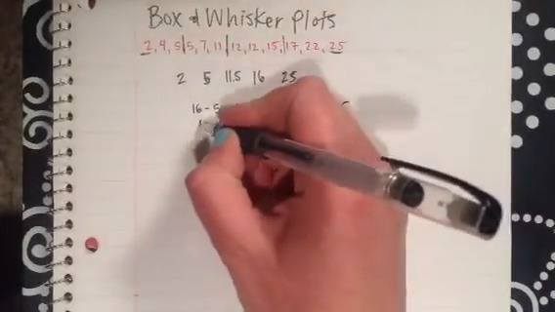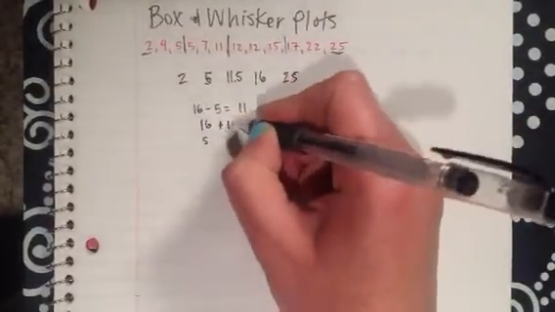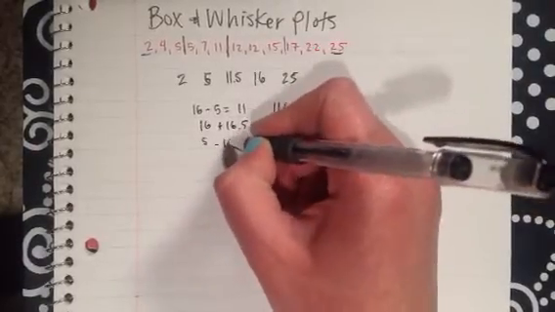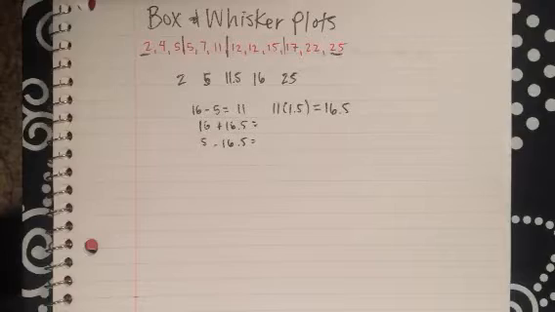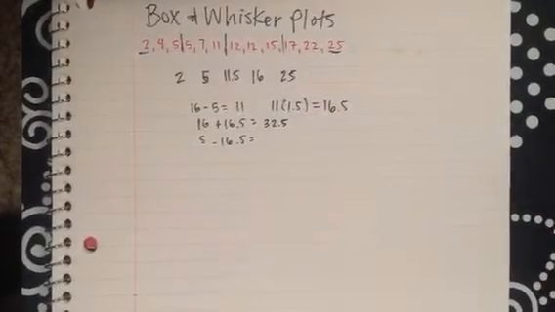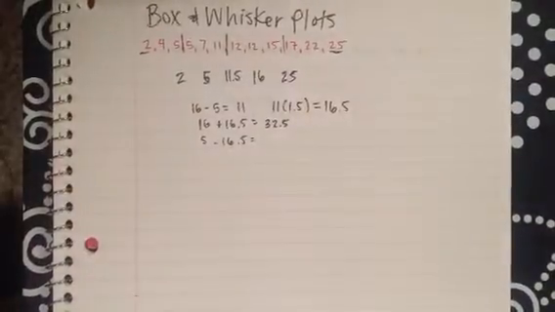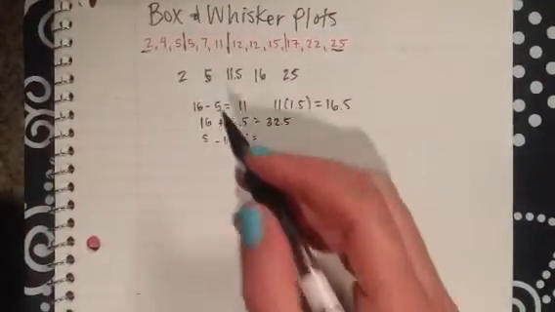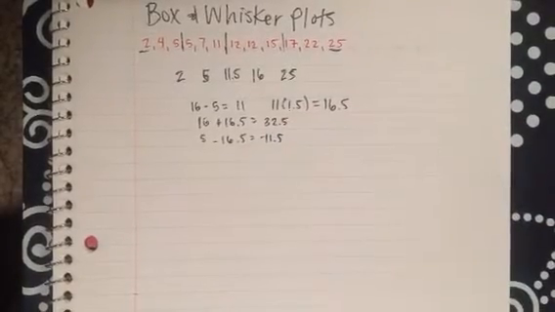So I'm going to go ahead and take my first and my third quartile, and I'll add 16.5 to my third quartile and subtract 16.5 from my first quartile. Now 16 plus 16.5 comes out to be 32.5. And 5 minus 16.5 comes out to be a negative number, so since none of our data is negative, we know we're safe on the left end, but we'll still find the value of negative 11.5.